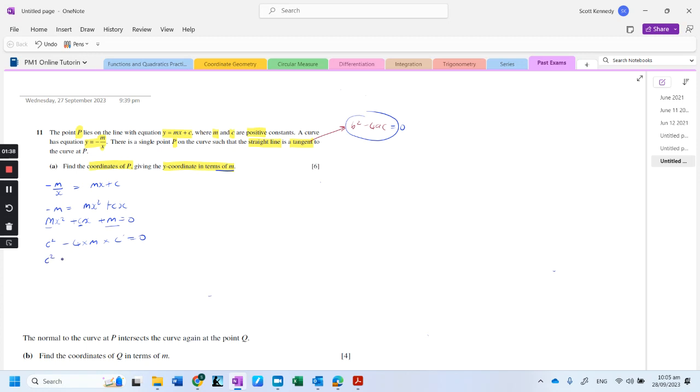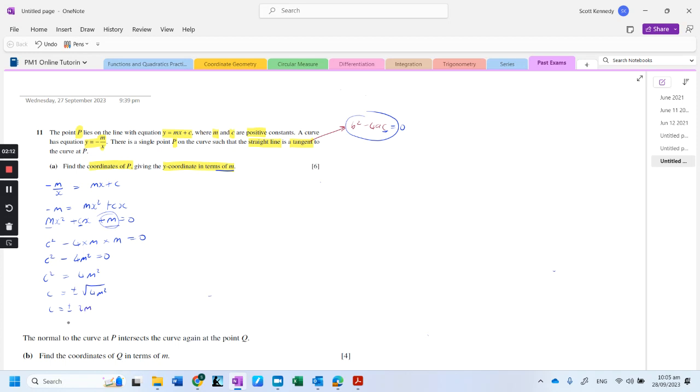So we get c squared minus, oh, my apologies, just backtracking there, that c there is actually m, because the discriminant uses the non-x term. Okay, so we get c squared minus 4m squared equals 0. So c squared equals 4m squared. So c equals plus or minus the square root of 4m squared. So c equals plus or minus 2m.